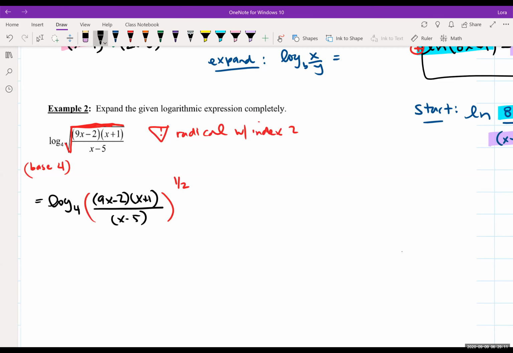Now I color coded it. If you don't have extra colors, you may use maybe brackets to help you out with that. So before I get excited about expanding, I'll do one more thing with some exponent laws.